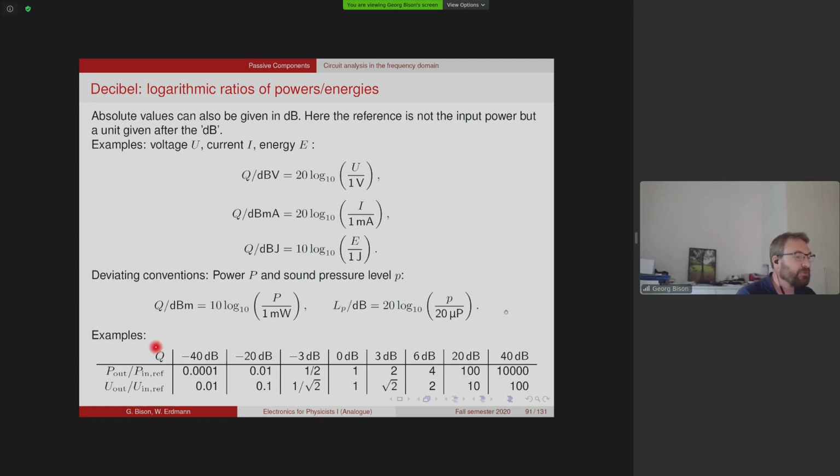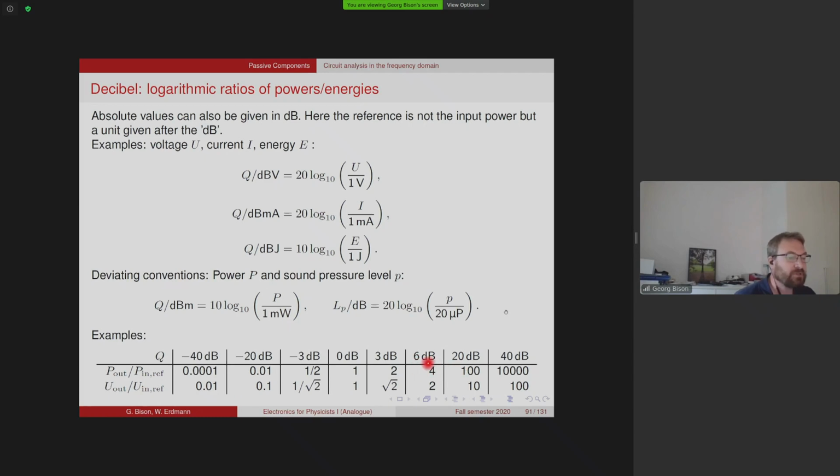Okay, so let's give a few examples. If we have 0 decibels, this means that the ratio between output power and input power is 1, or between output voltage and input voltage is also 1. Now, plus 3 decibels is approximately a factor 2 in the power ratio, and consequently a factor square root of 2 in the voltage ratio.